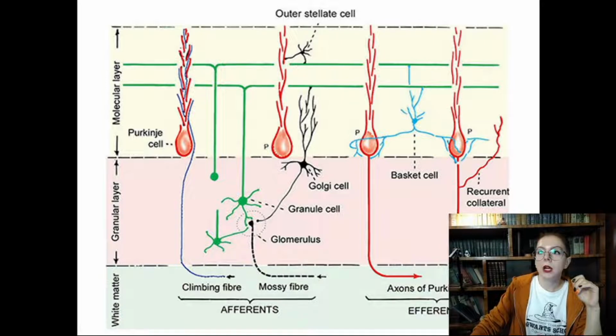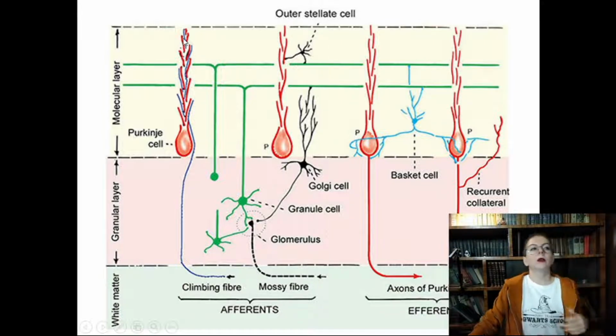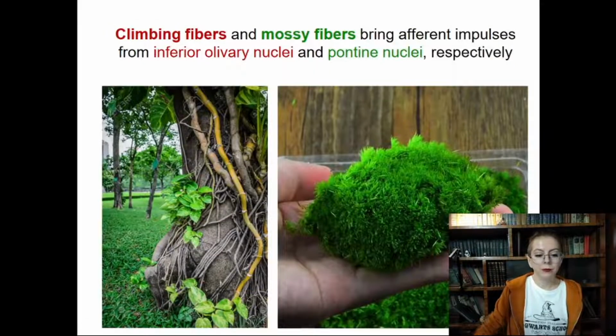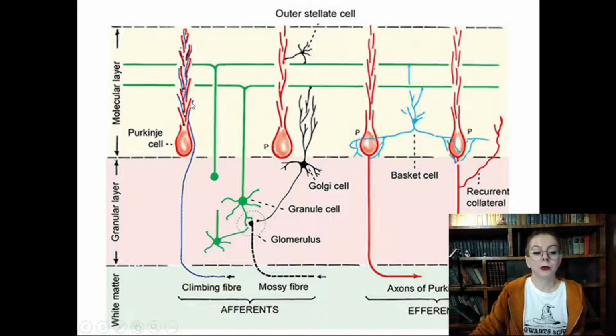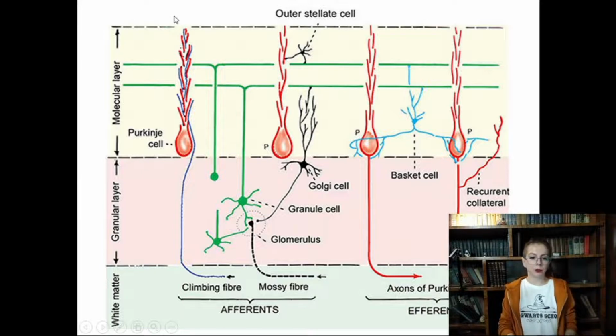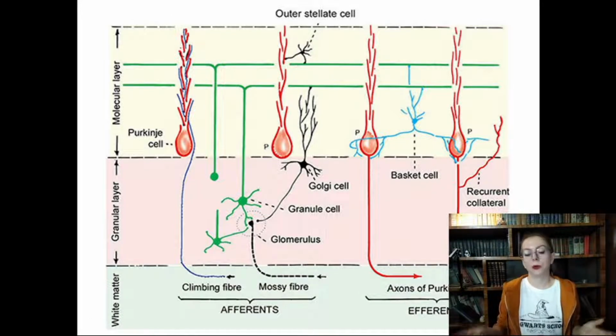Okay, and they are called climbing because they climb along the dendrites. You know, dendron means tree. That's why this comparison is very helpful, because climbing fibers really climb along the branches of dendrites of Purkinje cells.